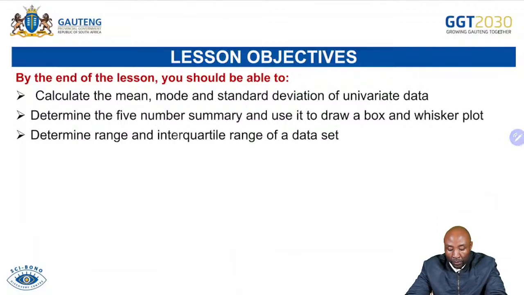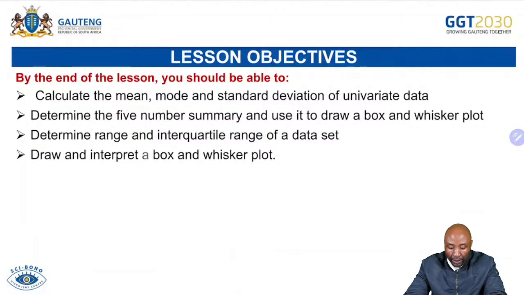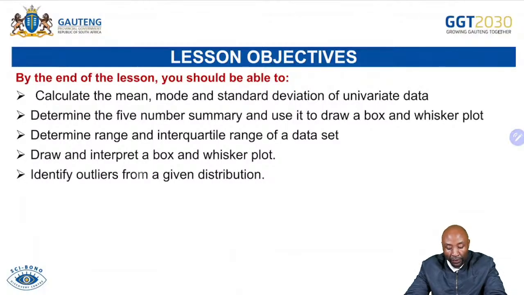We should be able to determine the range and the interquartile range of any given data set. We should be able to draw and interpret a box and whisker plot, and identify outliers from a given data distribution.